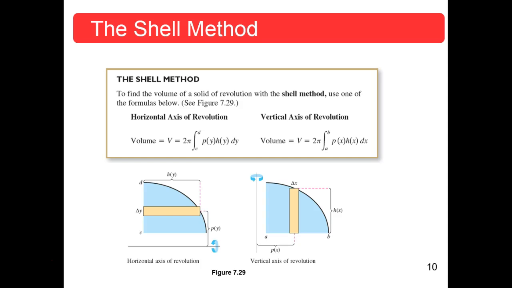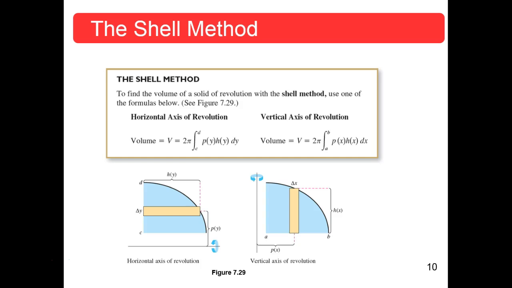Okay? Vertical axis of rotation is 2 pi times the radius. Now the radius has to be a function of x now, not of y. Okay? And your h of x, that has to be a function of x too. And the dx, of course, is x. And 2 pi times the radius gives you the circumference of that thing moving around this circle.